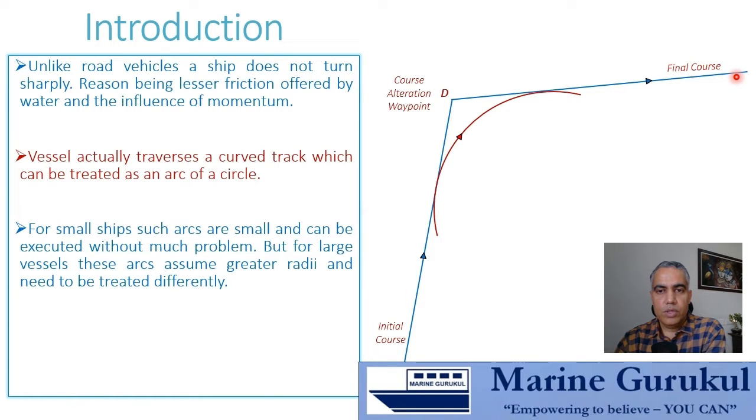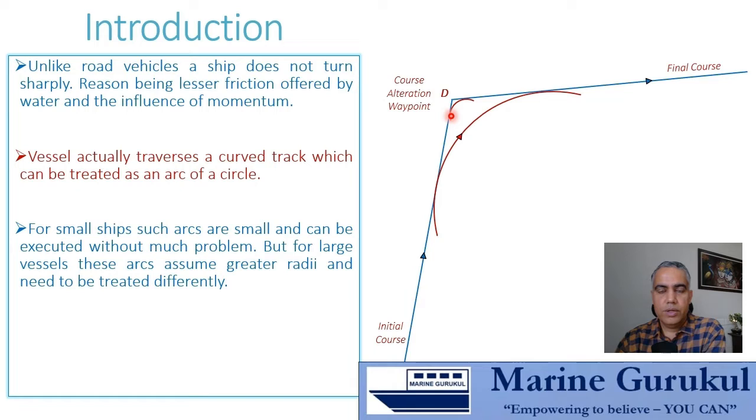Now in case of small ships, these arcs are also small. In case of a small vessel, the arc could be much smaller with a much smaller radius, as the turning circles of small ships are much smaller. But for large vessels, these arcs assume greater radii.